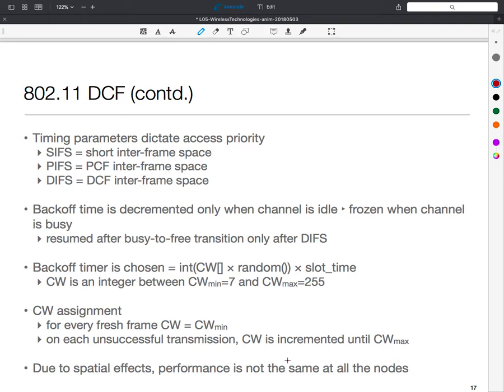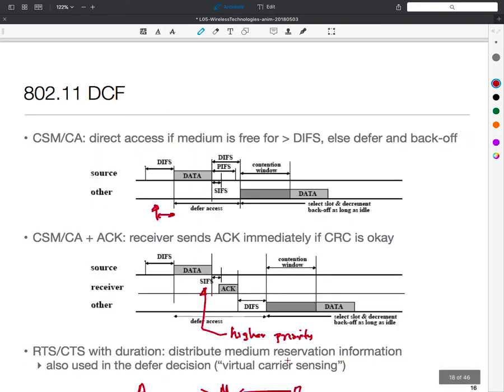An additional thing which happens is that every time you end up in a collision situation, that is, you find that the packet didn't make it through, then the next time around, you are going to make this contention window even longer. The idea is that if this contention window is of a certain size, then you may still be able to create lots of collisions if the network was very congested, with lots of nodes, hundreds of nodes, whatever.